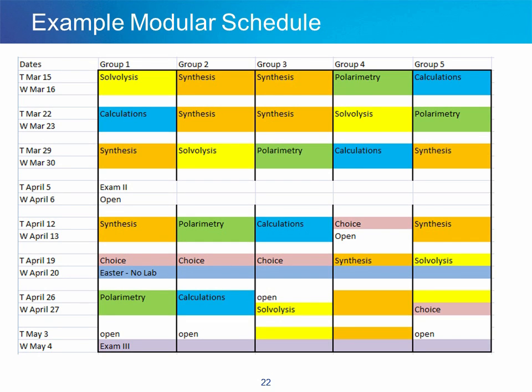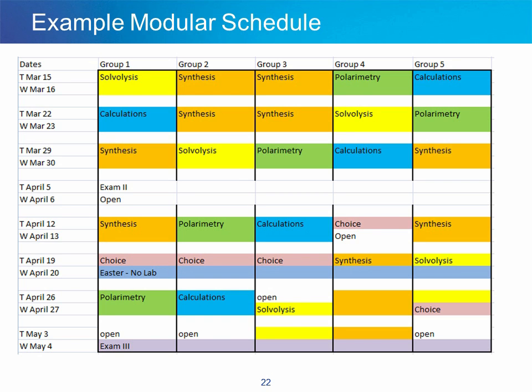The students use the ReactIR and the EasyMax for 2 laboratory sections. In the first laboratory section, they perform the standard solvolysis reaction at 3 different temperatures. And in the second section, they come back and they perform a hypothesis.